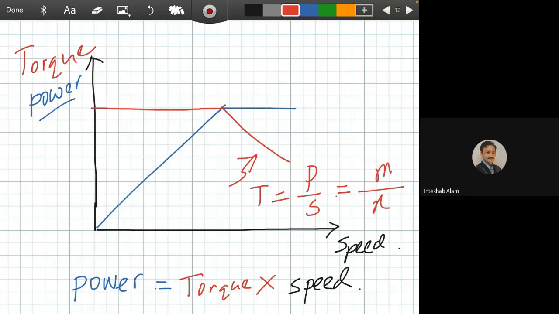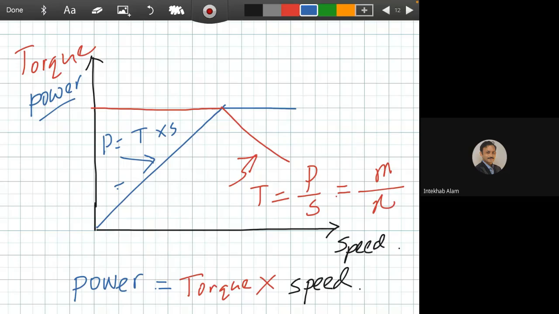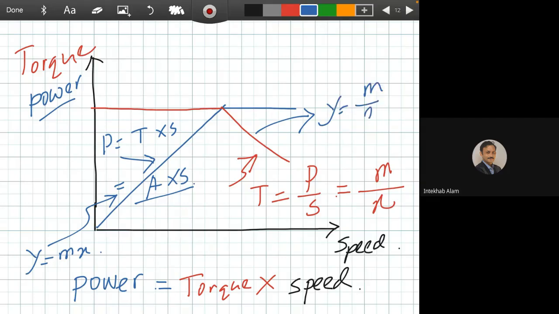And this function, power equals torque into speed. If we consider T as a constant value, then we can write it as a into S. This is the equation of a straight line, y equals mx, and this is the equation of a parabolic function, y equals m by x.